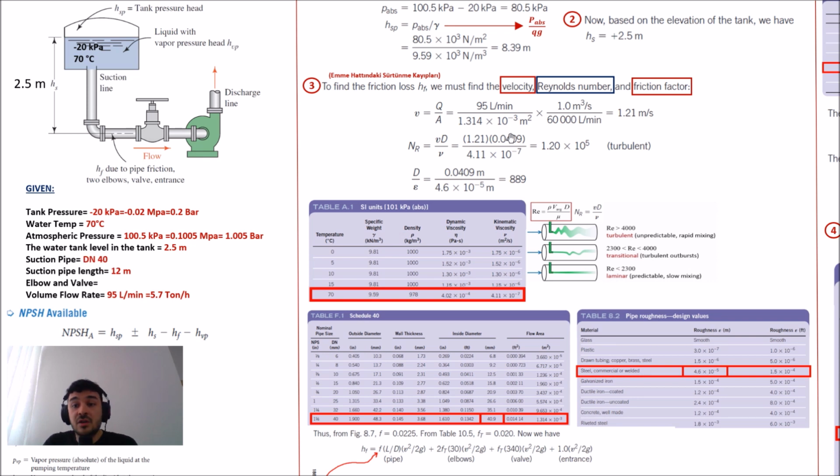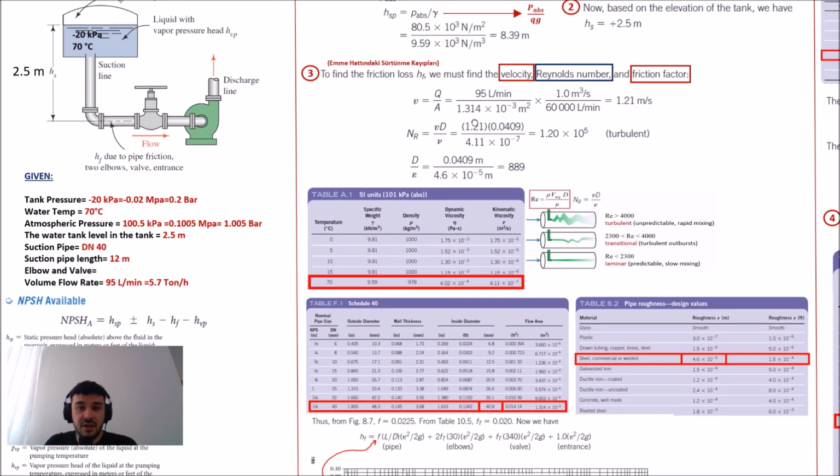So we can easily calculate here. Our volume flow rate value is 95 liters per minute. If you divide it by the flow area, you can get 1.21 meters per second. Important thing, the unit: this is liter, this is meter, meters per second. Please pay attention to this point.